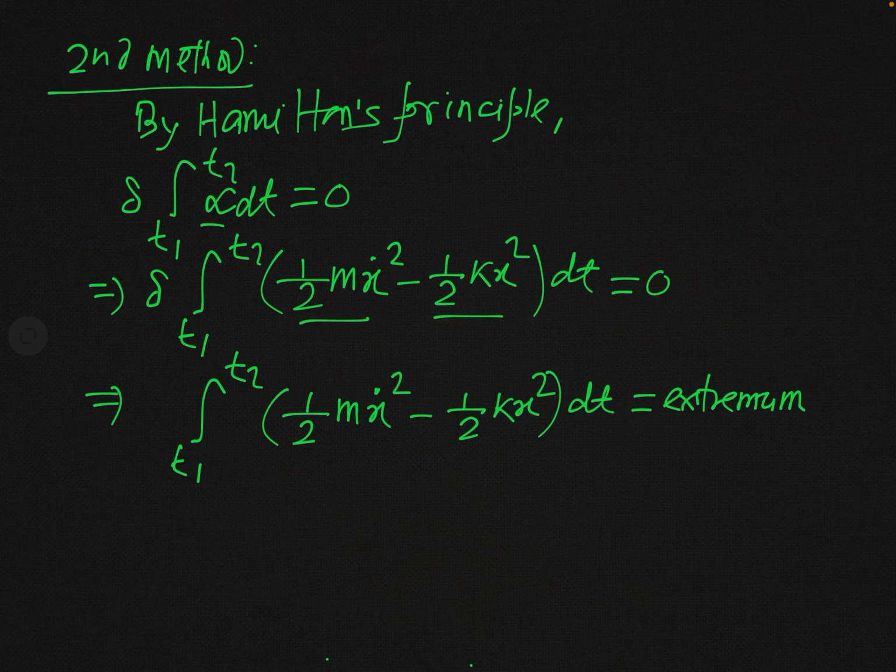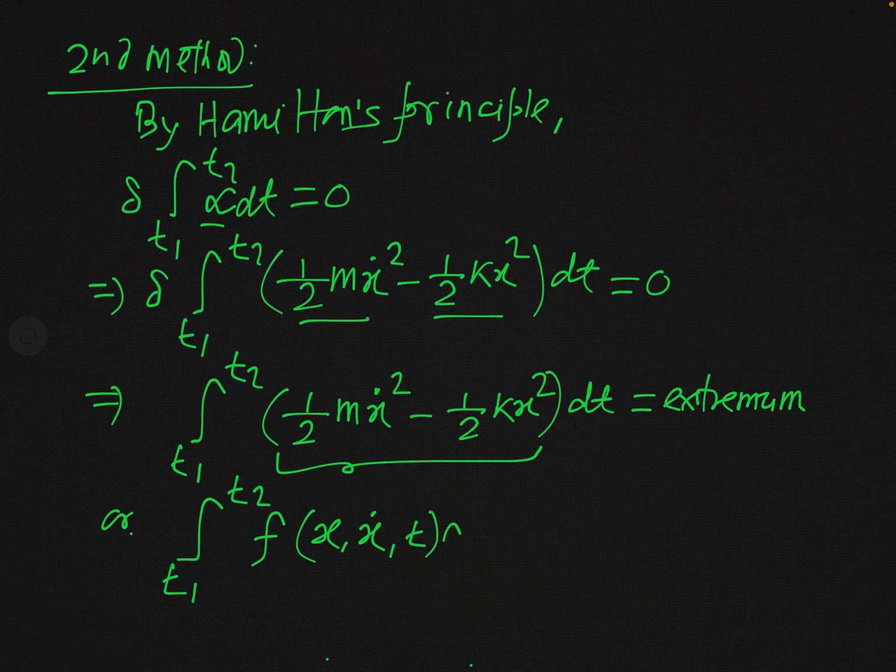Now you can see, if we consider that this is a functional f, then that functional is actually a function of x dot and t. So you can write this equation as the integral from t1 to t2 f of x dot and t dt, and this equal to extremum.